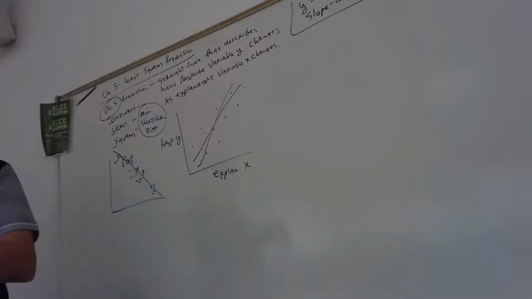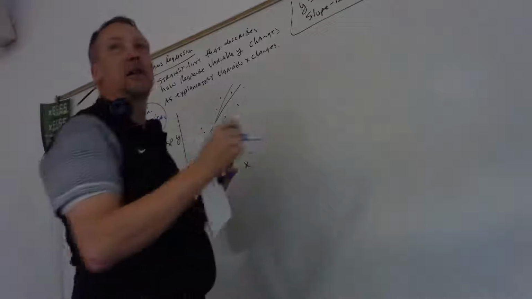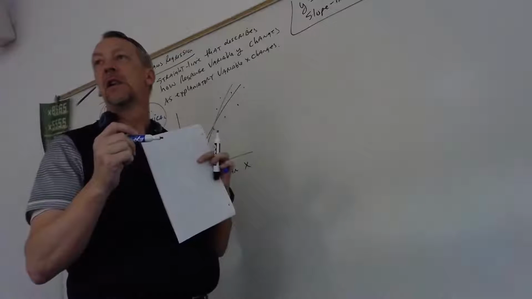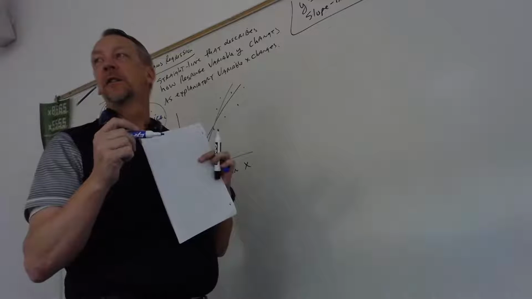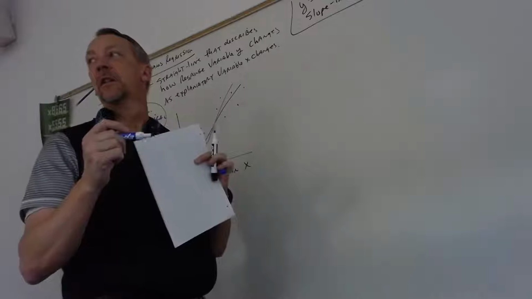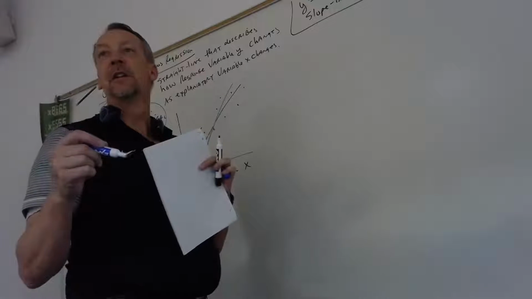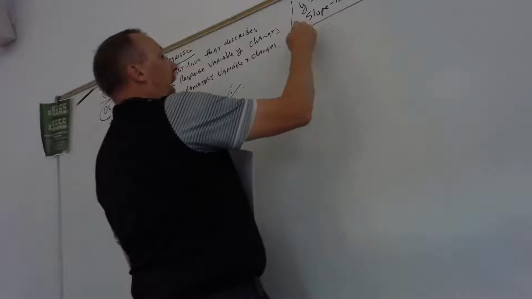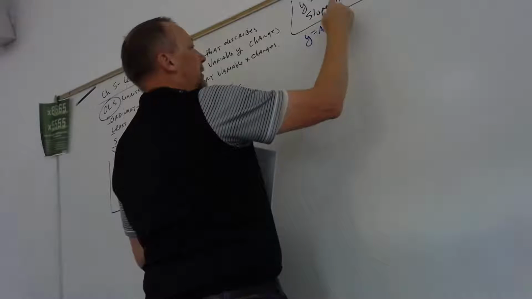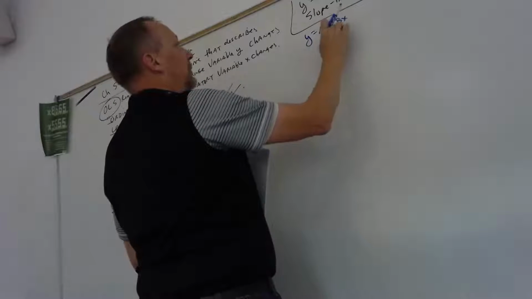I believe in the book they have a slightly different form of this equation. Does anybody know? See who's been reading ahead? Somebody? Some people in my other class actually knew it. I was impressed. In the book, they have y equals a plus bx. So they kind of flip these around and they put the b in the wrong place.